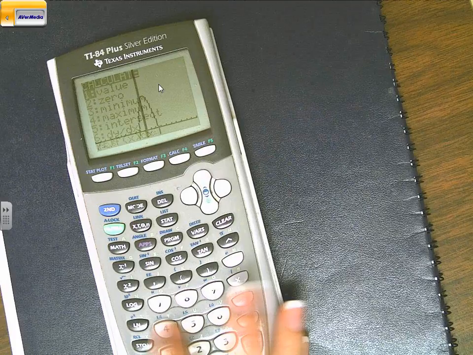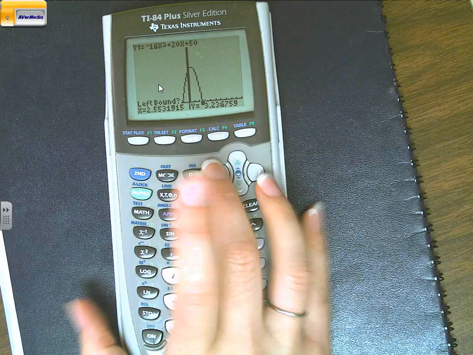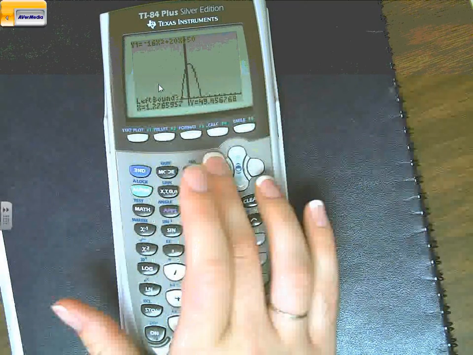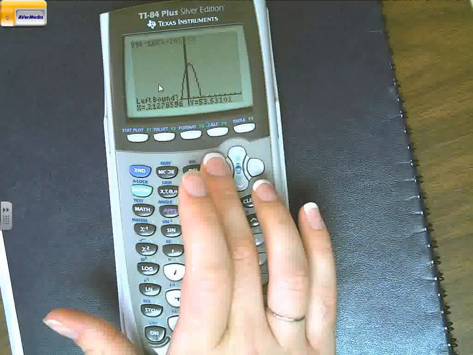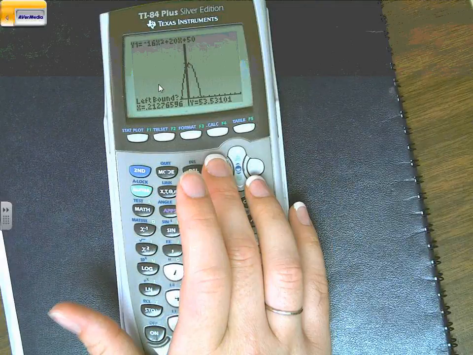Don't do anything else yet, just move your cursor up to the maximum where you're flashing in the area of the maximum. Because then the left and right make more sense. Left of the maximum. So once you're on the maximum, now go to the left. Would you agree I'm to the left of the maximum? Push enter. Then it says right bound, so I'm going to go to the right of the maximum.